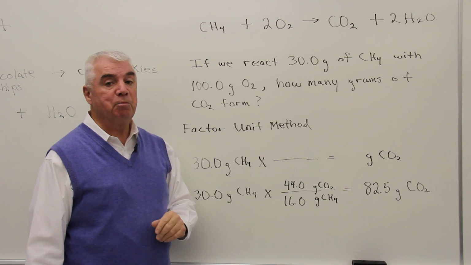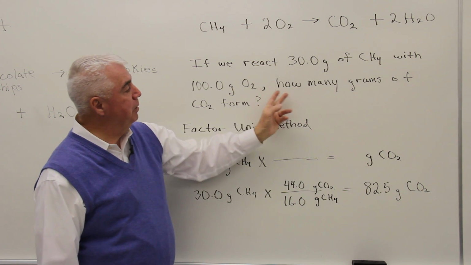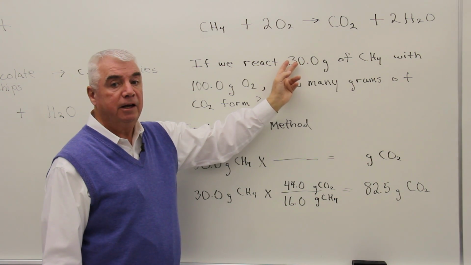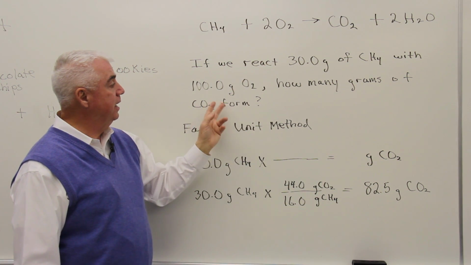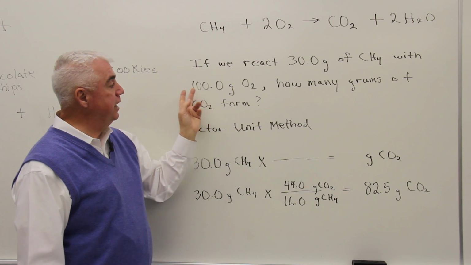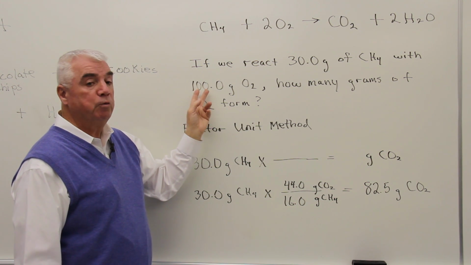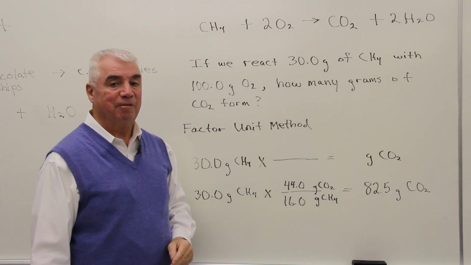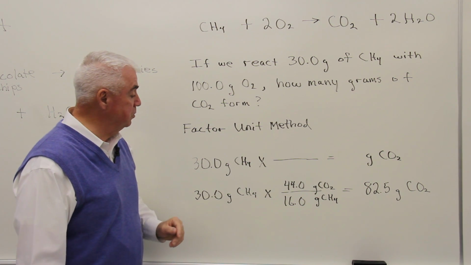We have to work two problems. We'll see how much carbon dioxide we can get from 30 grams of methane if we were to use all of it. And in the second problem, we'll see how much carbon dioxide we can get using the 100 grams of oxygen. So let's work those two problems.